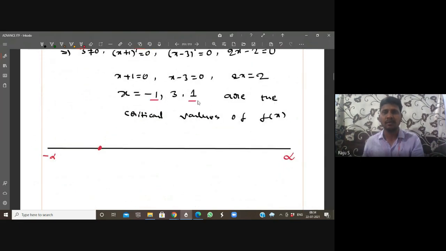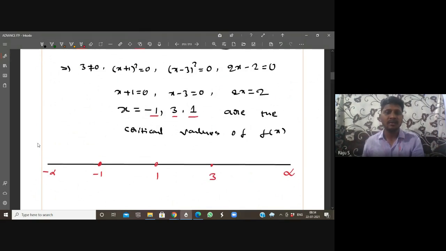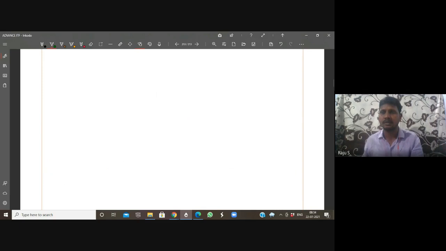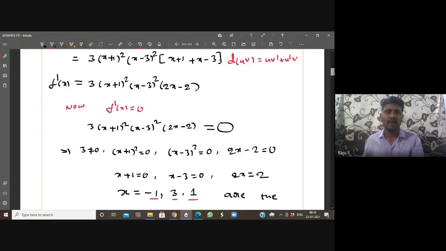Minus 1, 1, 3. So first minus 1, then 1 and 3, arranged in ascending order. After ascending order, we have to divide into disjoint intervals. What are the intervals we are going to get? One is minus infinity to minus 1, minus 1 to 1, 1 to 3, and 3 to infinity. These are the disjoint intervals we are going to get.